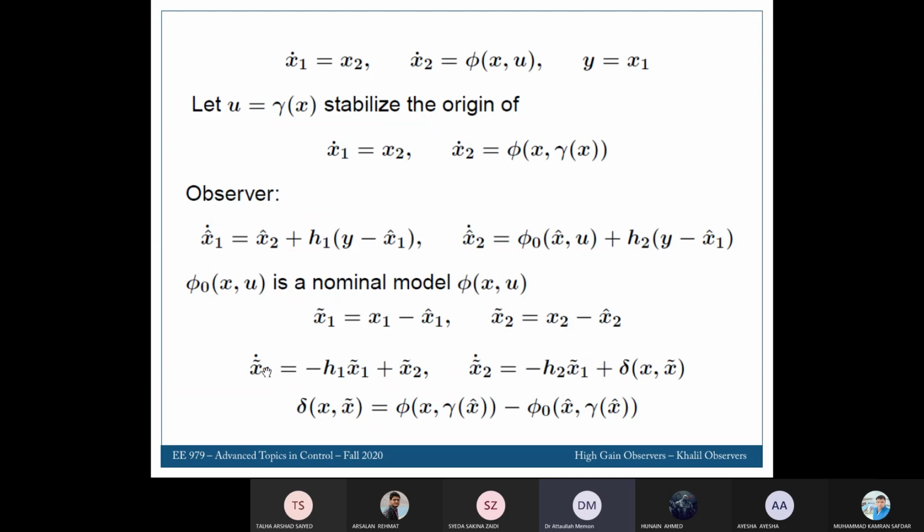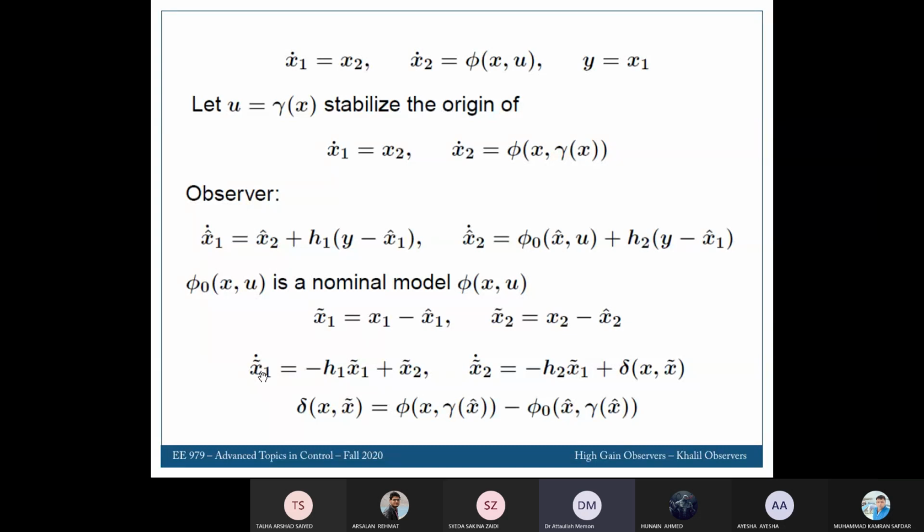These are two equations of my state system, okay? And the input is here. This is my input. And this turns out to be the error system, which I have to stabilize. My goal here is to make sure that x tilde goes to 0.